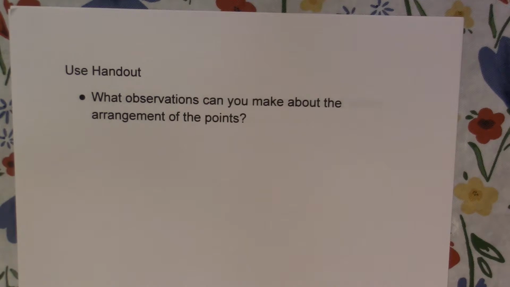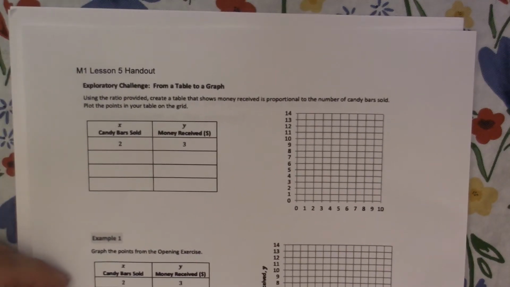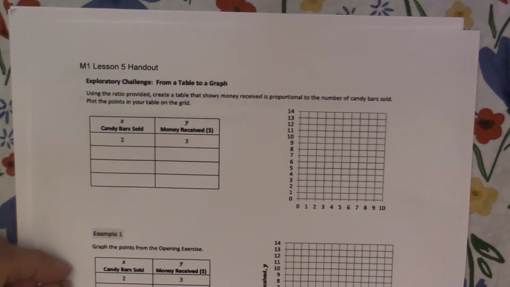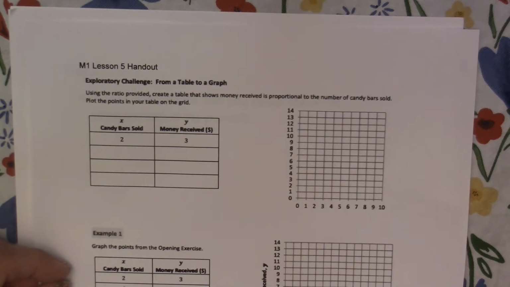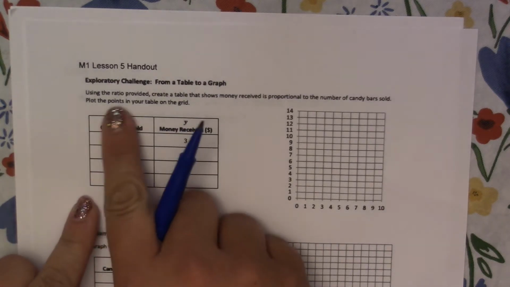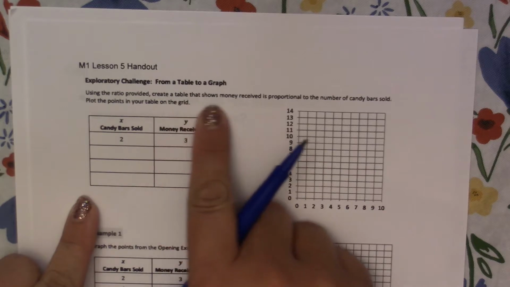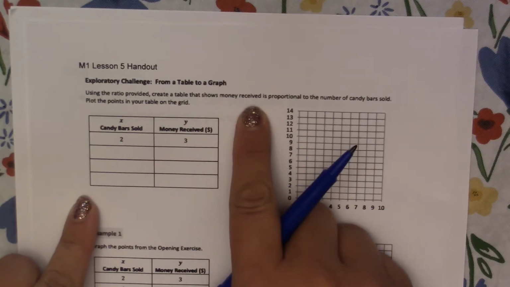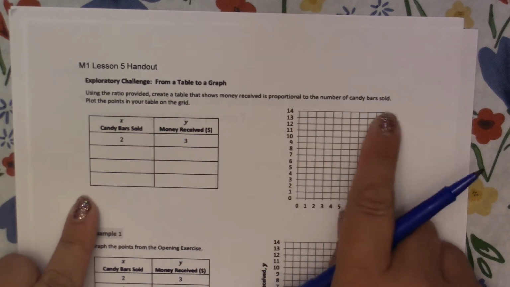All right, so you were to get a handout, and we're going to work this first handout, and then we will answer this next question. It says, using the ratio provided, create a table that shows the money received is proportional to the number of candy bars sold.